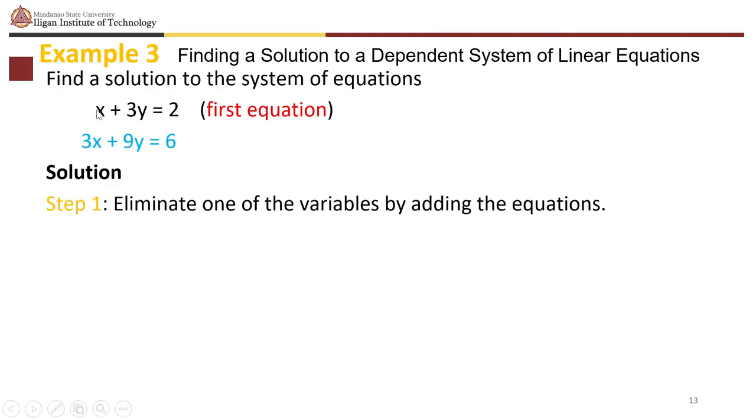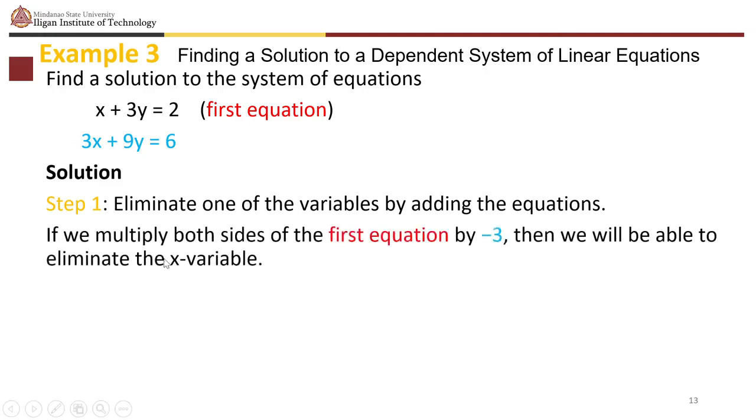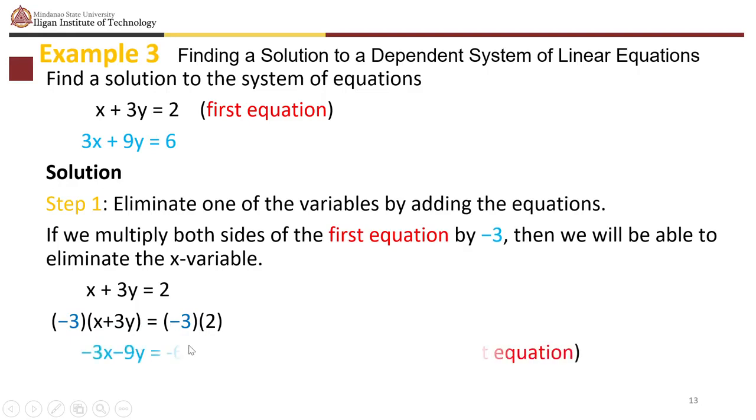If we would like to eliminate the variable x, then notice that we have to multiply the first equation by negative 3. Multiplying gives negative 3 times x plus 3y equals negative 3 times 2, which results in negative 3x minus 9y equals negative 6.